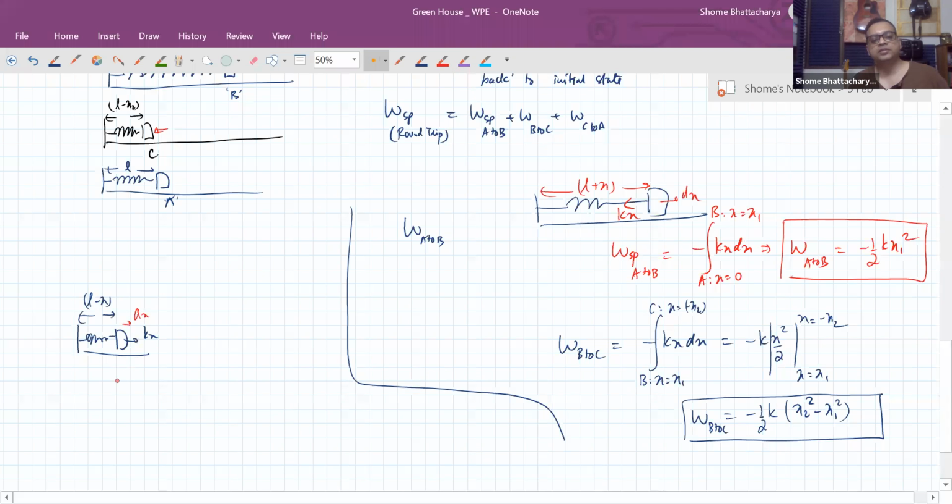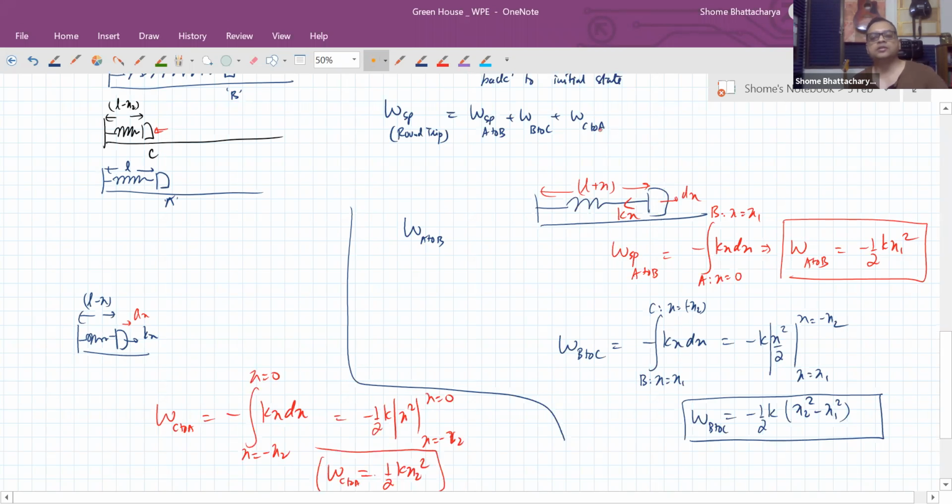So again, the work done by the spring from C to A will be the integral from x equal to minus x2 to x equal to 0. Okay, so this is C to A.